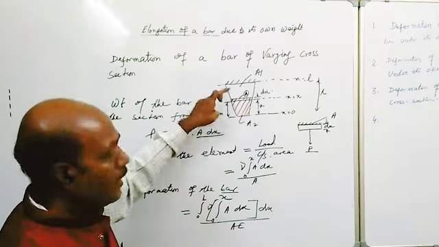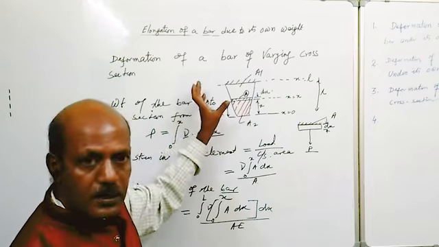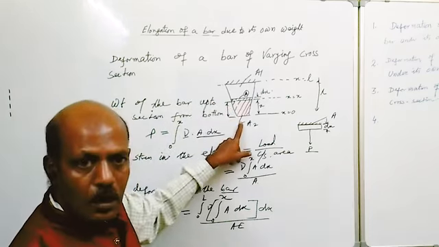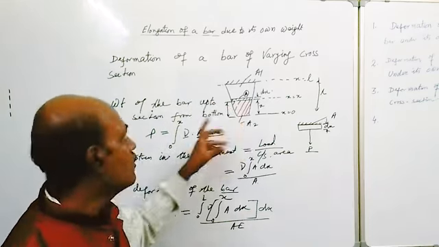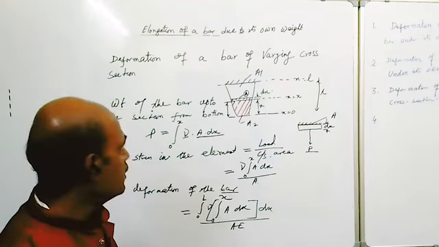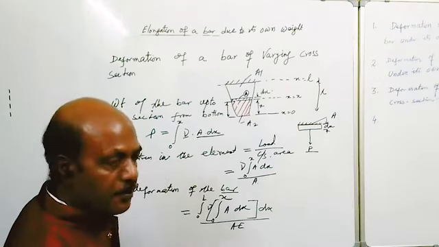So the bar is a variable section bar. Due to its self weight, what will be the deformation produced in the bar? So we have to determine that.